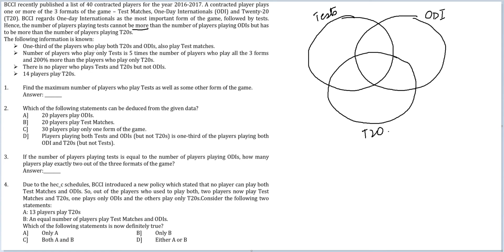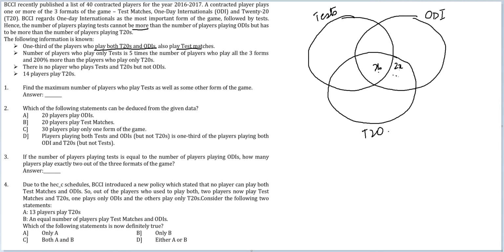When they're talking of people who play both T20 and ODI, they're talking of both these regions. Among these, 1/3 play tests. So they're talking of this region. If this is X, both these regions together should be 3X. So this region by itself is 2X.